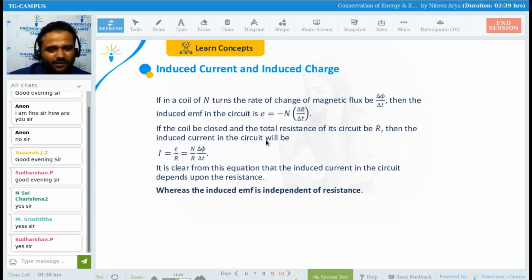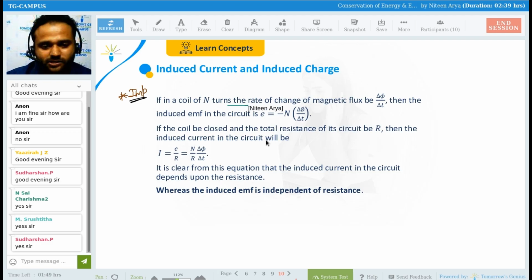Now moving ahead. This is just a formula thing, nothing more than that. Quickly do this: induced current and induced charge. It is important, but we are going to do it in a little less time, and there is nothing new in it.